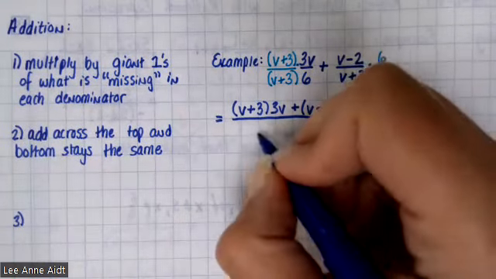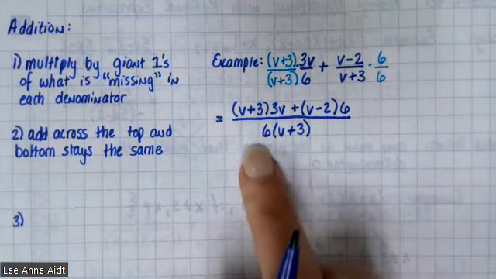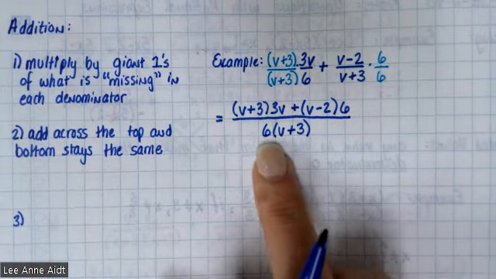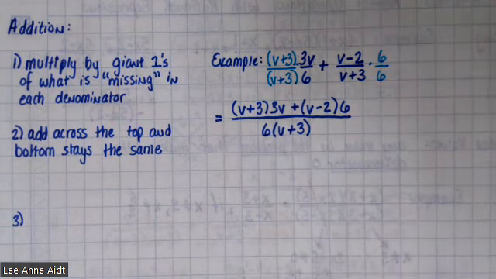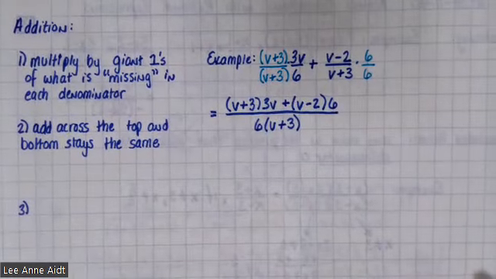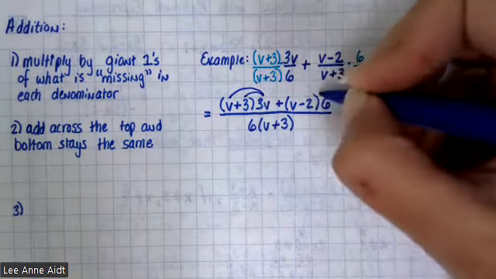It's okay. Okay, I'm going to put the 6 in front of the v plus 3 down here just because it looks prettier to me. I'm going to fix this up though. Okay.